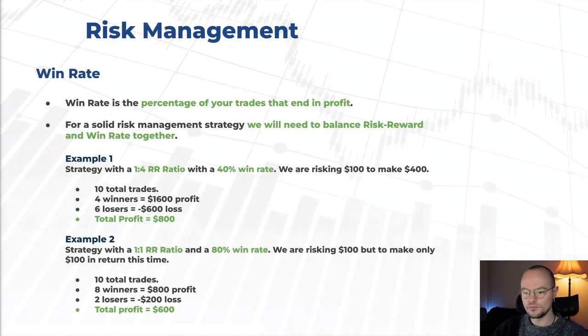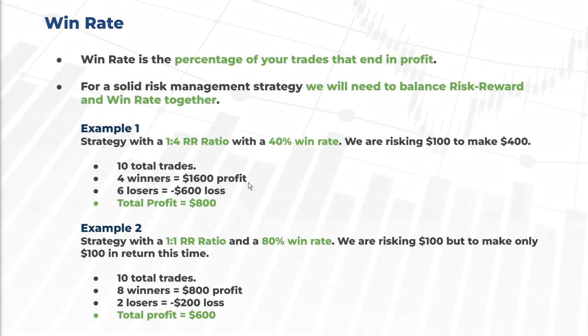So let's just take a look at these two examples that I've made down here, and let me explain this. So let's say in example 1, we have a strategy with a 1-to-4 risk to reward ratio with a 40% win rate. We are risking $100 to make $400. Now, let's say we take 10 trades in total. We have 4 winners because it's a 40% win rate, which equals $1,600 in profit.